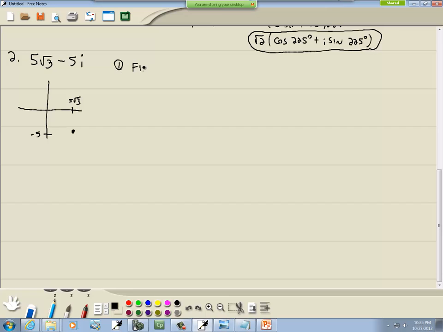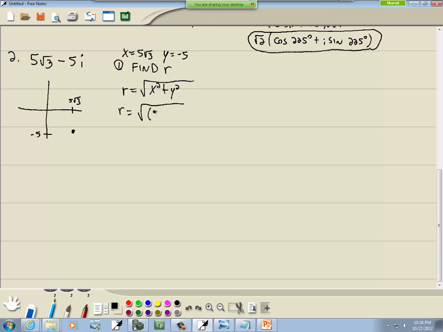Okay, so our first step is to find r. Remember, x is the real part, so 5 square root of 3, and y is the number that's before our i, so y is equal to negative 5. Our formula: r is equal to the square root of x squared plus y squared.